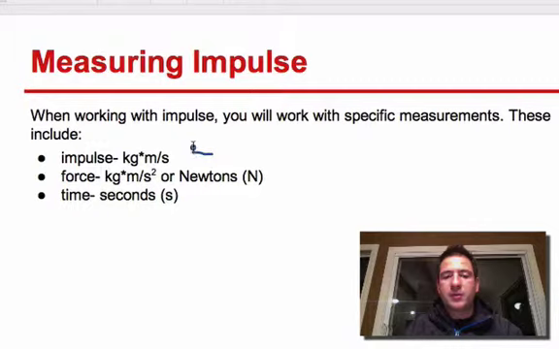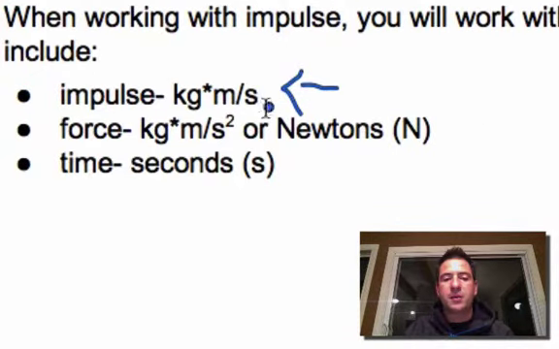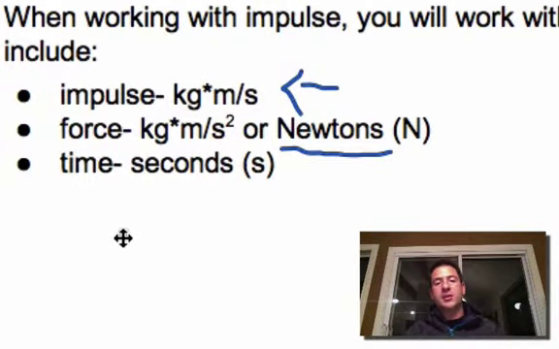The units are going to be kilograms, mass times, sorry, holy cow, butchered that. Force is going to be measured in newtons primarily. The symbol is N, and time is going to be measured in seconds.